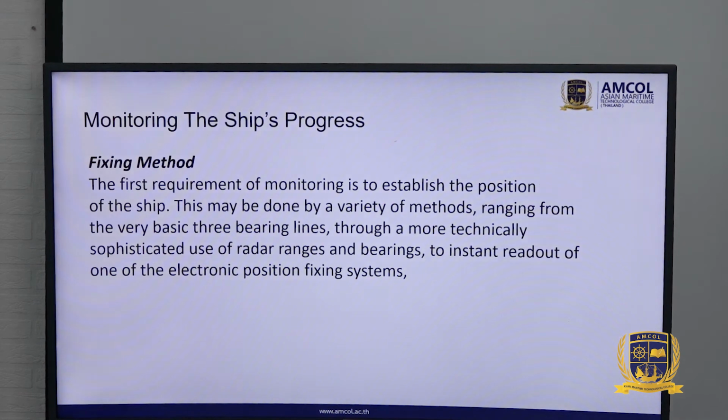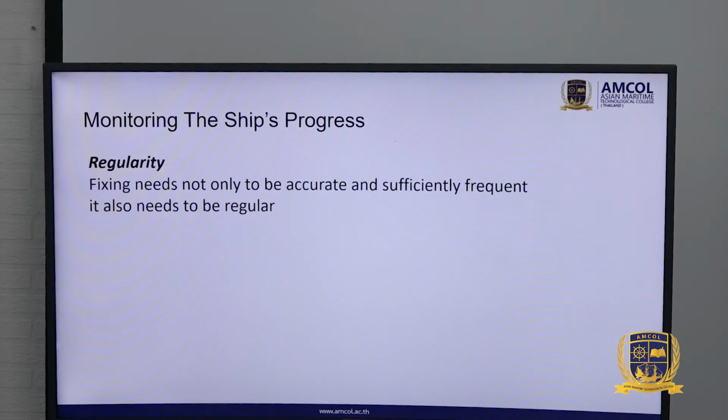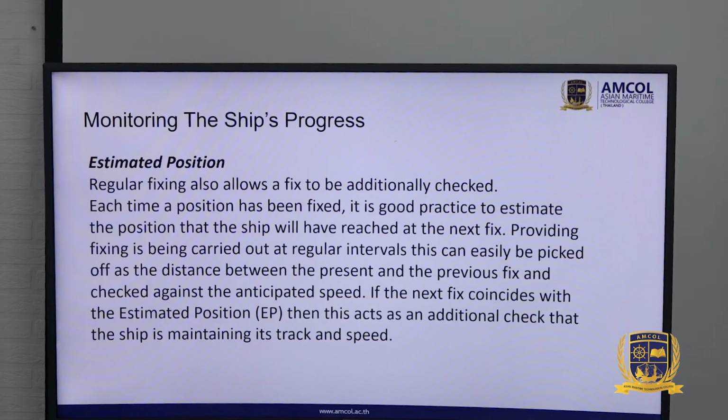So as we already mentioned, position fixing has to be done regularly. Visual bearings have to be taken by using azimuth visually, or if that is not possible, then you use EBL from the radar, and this has to be done at regular intervals. That means 6 o'clock, 6:15, 6:30, 6:45, and so on. If your actual position is not available, then you mark a DR position or estimated position.